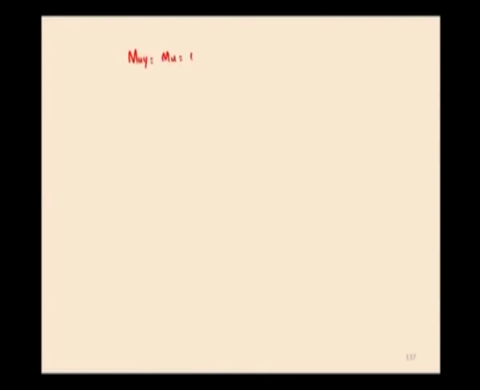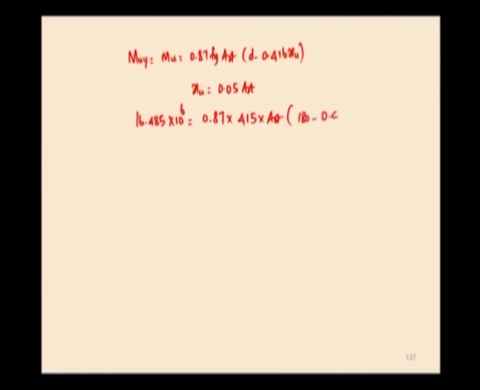So here also I am going to use the same expression, that is MU equal to 0.87 FY AST into D minus 0.416 XU. Normally XU here we have already found, that is equal to 0.05 AST, that has to be substituted, that is 16.485 into 10 to the power 6, which is equal to 0.87 into 415 into AST into 180 minus 0.416 XU. The XU here it is 0.05 AST.